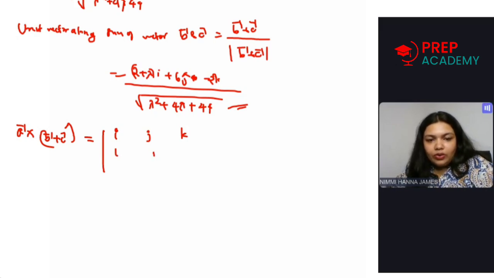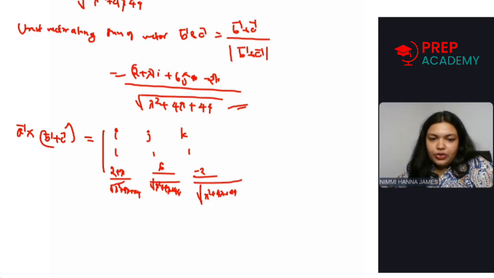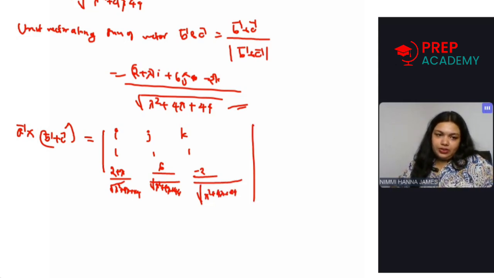Then here, this is the unit vector: (2 plus lambda) by root of lambda squared plus 4 lambda plus 44, here 6 by root of lambda squared plus 4 lambda plus 44, and here it is minus 2 by root of lambda squared plus 4 lambda plus 44.